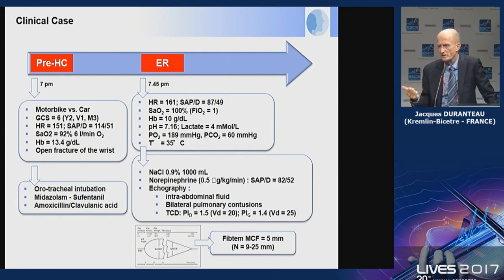We want to exclude pericardial effusion, have a quick look at the contractility, and a quick look at the vena cava, just to have a quick evaluation of the volemia, even if we can discuss it, because it's not always accurate.